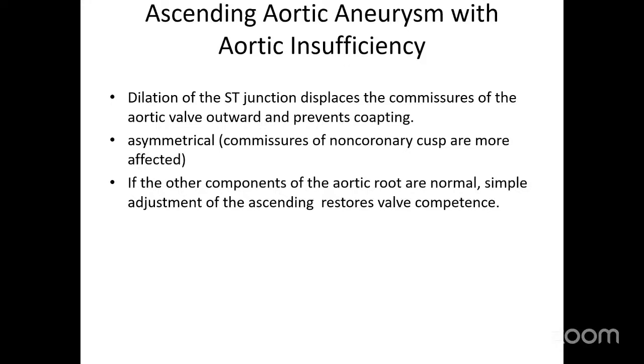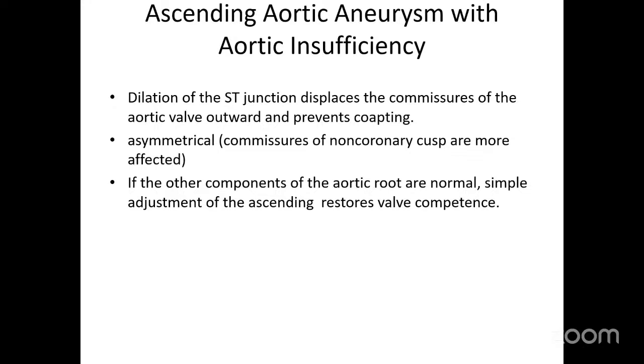Dilatation of the sinotubular junction displaces the commissures of the aortic valve outward and prevents coapting of the leaflets. Asymmetrical commissures of the non-coronary cusp are often affected. If the other components of the aortic root are normal, simple adjustment of the ascending aorta restores valve competence.